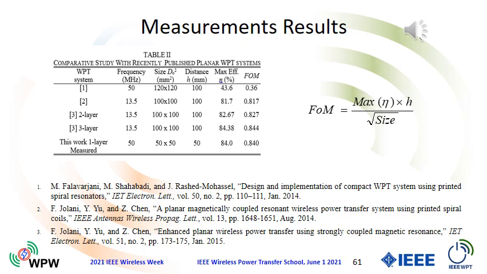The offered asymmetric wireless power transfer system achieves an efficiency of 78% at a distance of 40 millimeter. Transmitter and receiver areas are 50 by 50 millimeter squares and 30 by 30 millimeter squares respectively.